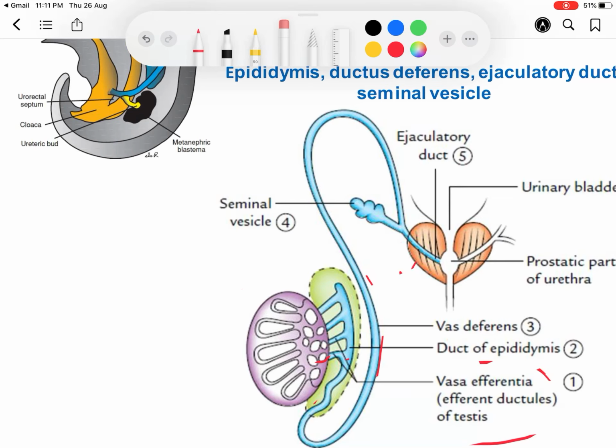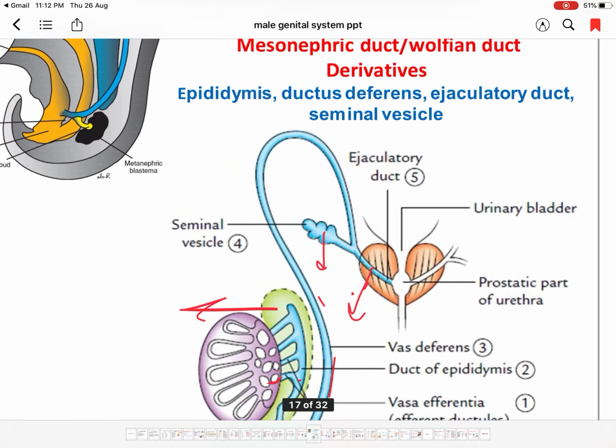Efferent ductules of the testes or the vasa efferentia, then the mesonephric duct forms the epididymis, then vas deferens, then the seminal vesicle and the ejaculatory duct. These are the derivatives of the Wolffian duct.